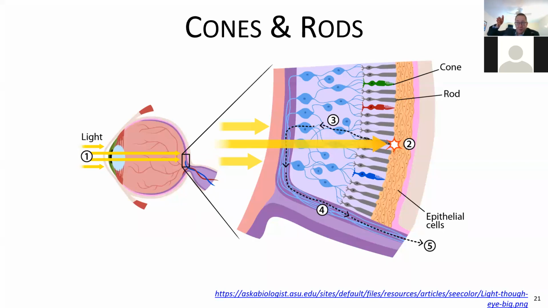When the light hits there, these things fire off. If they get light, they go, hey, I'm on. They get excited and they send off a signal. Those signals then get combined in weird, wonderful ways, which we'll get to in a second, to these cells over here. So there's a bunch of basic signal processing down to here, and then the wires go back to the back of your head.